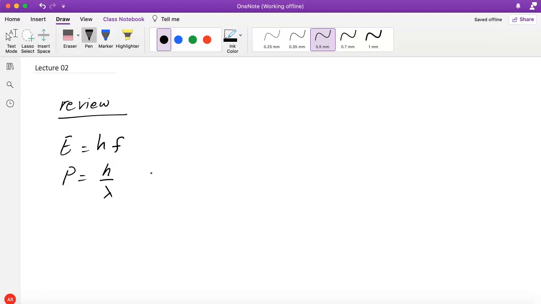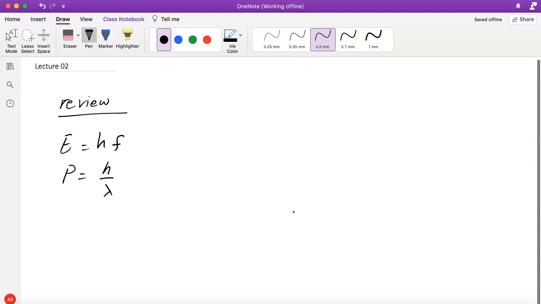So that was the upshot of the last lecture, and the conjecture was that maybe particles like electrons have something wave-like about them, maybe there's some associated frequency and wavelength, and maybe it has some manifestation in physical reality.